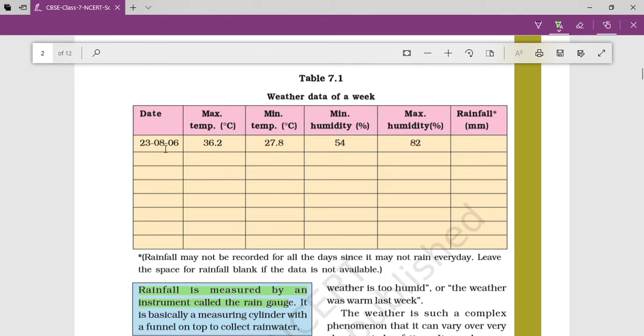Like this is date 23rd August 2006, and on this date the maximum temperature is 36.2, minimum temperature is 27.2, minimum humidity is 54, maximum humidity is 82. So you can record the maximum, minimum temperature, minimum, maximum humidity on various days.